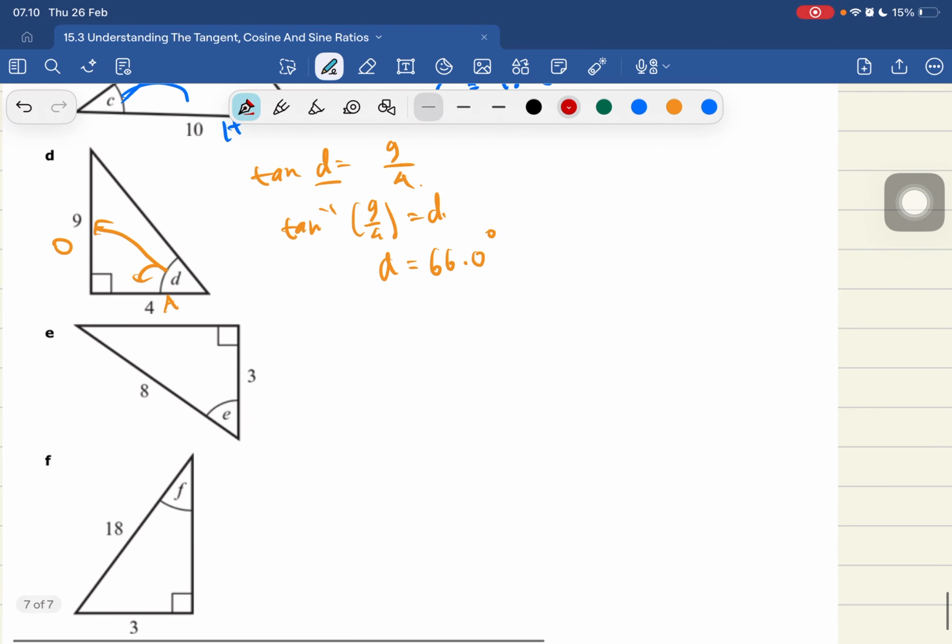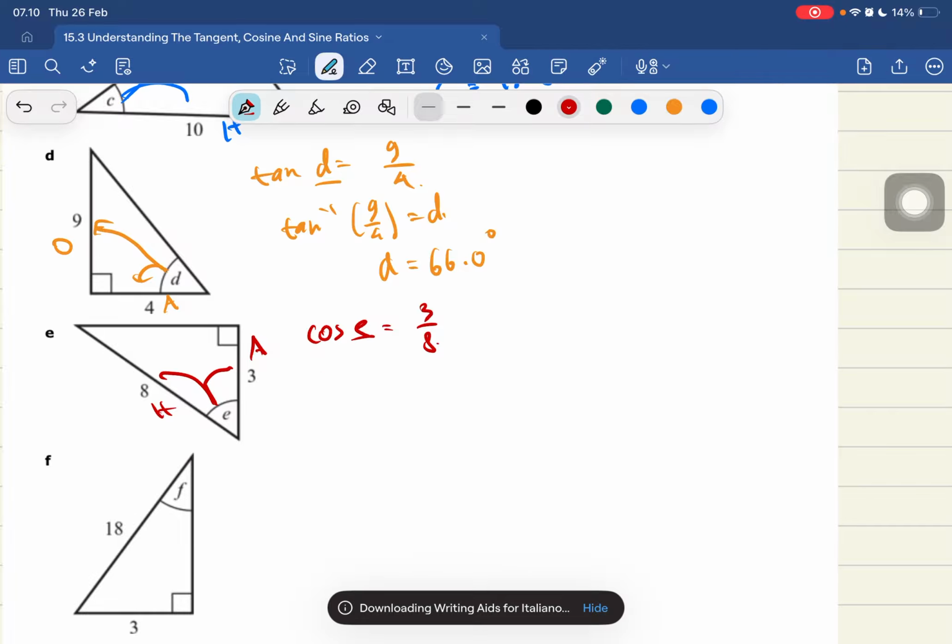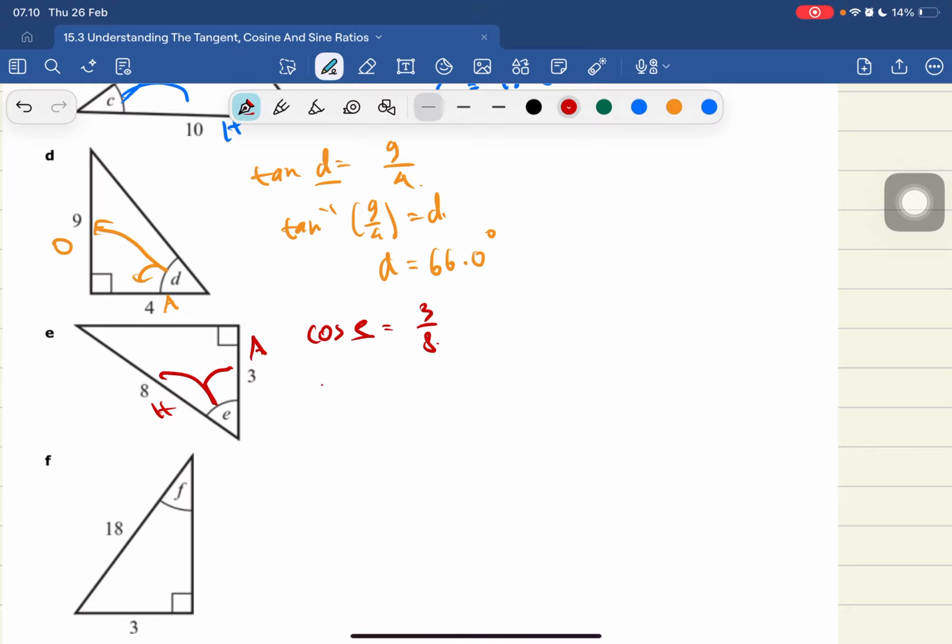Okay, E, we got adjacent here and the hypotenuse. So it's going to be cos E equals 3/8. To find the angle, make it inverse in your calculator, cos -1, write the value 3/8 equals E. So the degree of E in your calculator, you will get 68.0 degrees.